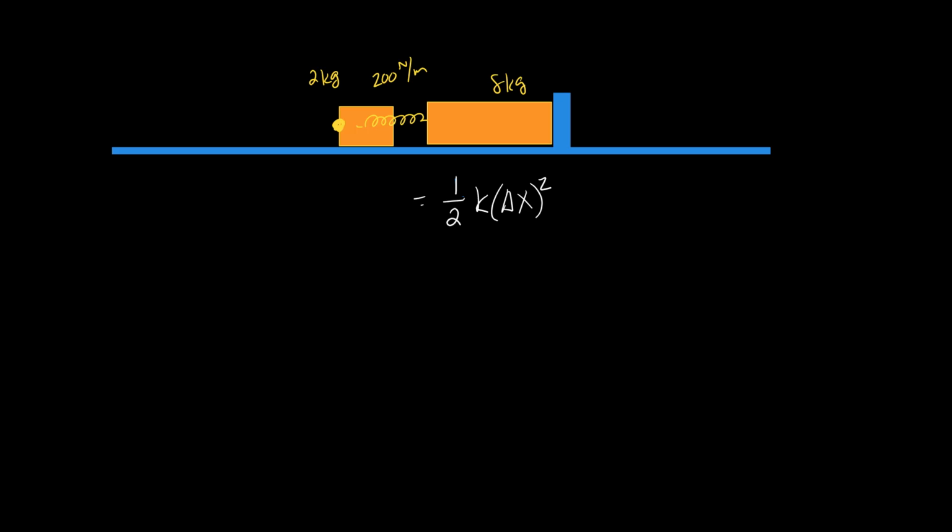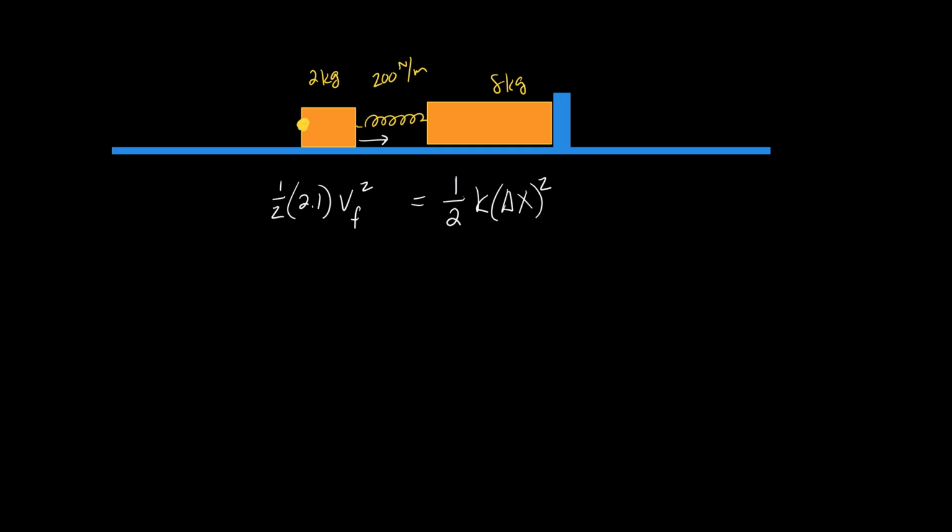And that has to equal the kinetic energy of the block and clay just before they start to compress the spring, which had to be 1/2 times 2.1 times v final. So this is after the collision.